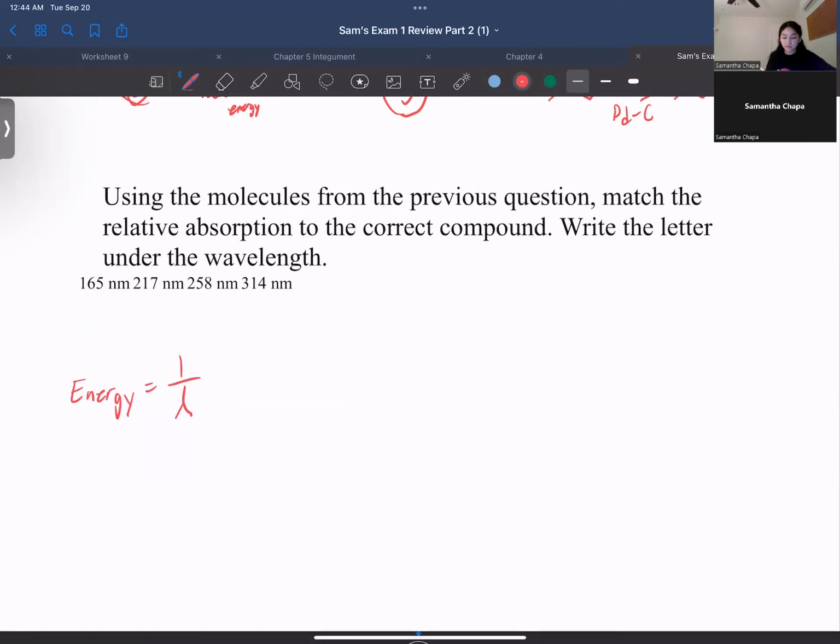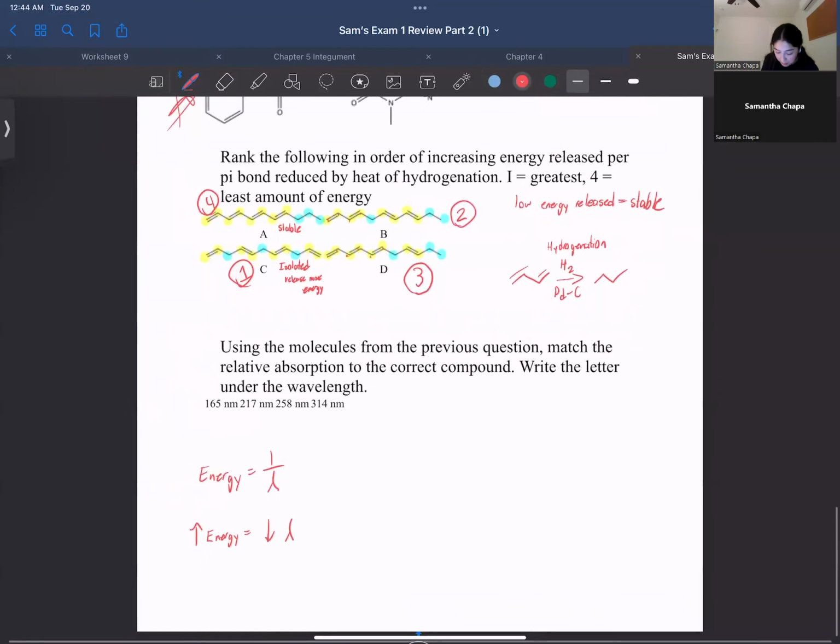So if energy is high, we have a low wavelength. And that makes sense, right? Because gamma rays are very high in energy and very low in wavelength, nanometers. That's what we base it off of.